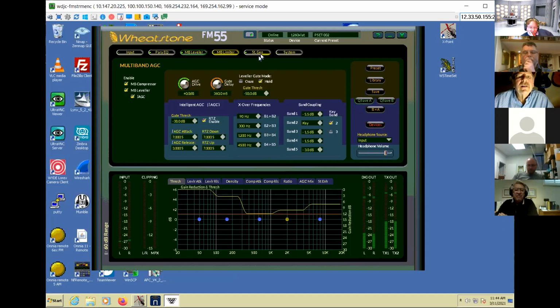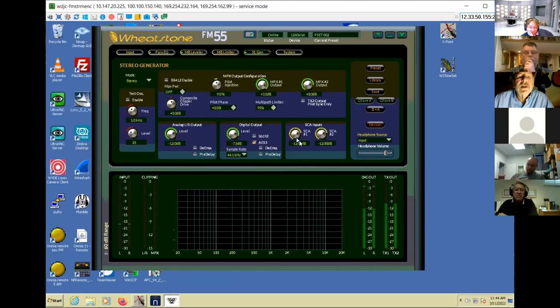All right, then we get the stereo generator. By the way, don't ever hear that. You'll blow your listeners' ears out. I'm kidding, that's a test tone. You can see your various adjustments here. SCA inputs.